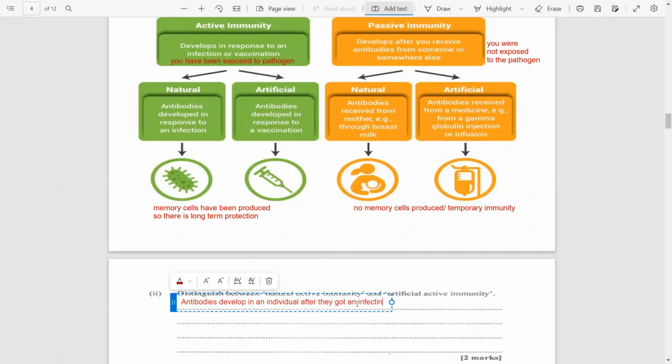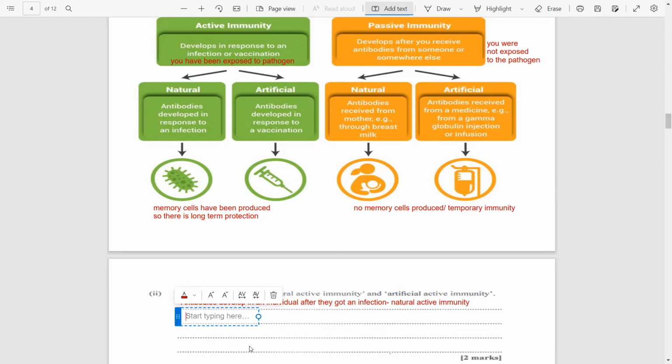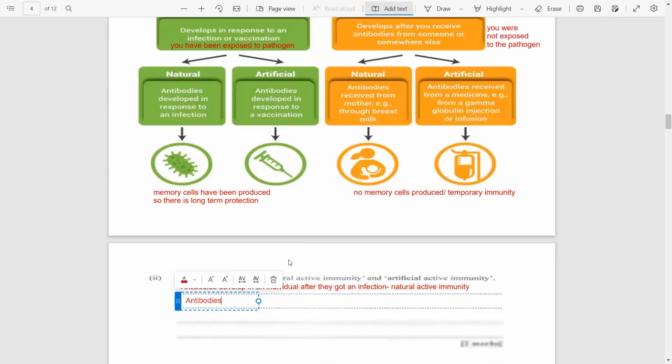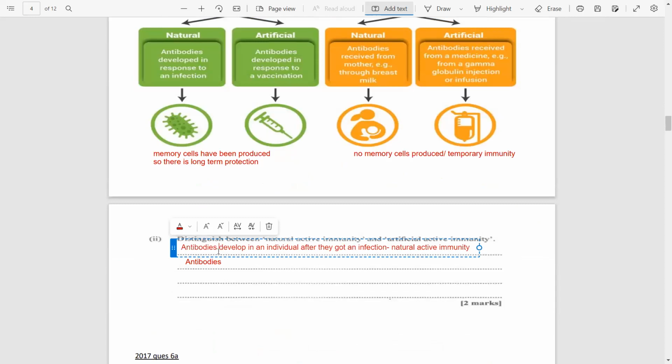So that would be the natural active immunity. And then the artificial active immunity, so antibodies and memory cells, antibodies and memory cells.